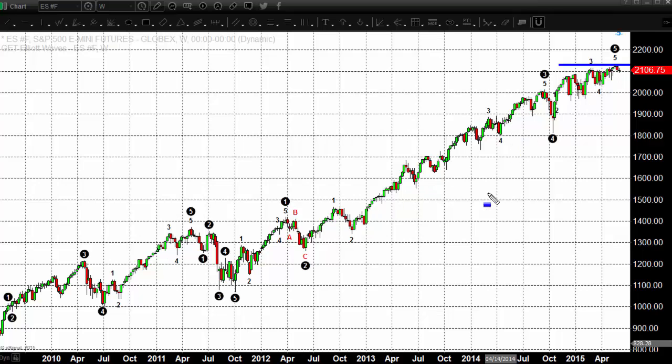Also on our Elliott wave count, we could be looking at a potential top or a fifth wave, 3, 4, and 5. If that's the case, we will get some sort of an A, B, C correction. So we do want to look at the potential for weakness in the S&P. Although this market's been on fire, we'd much rather be a long player buying on the dips.